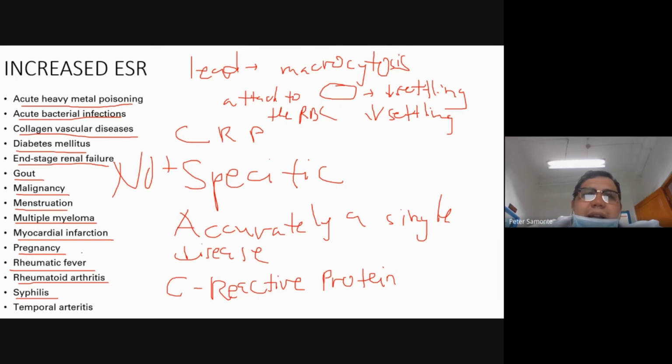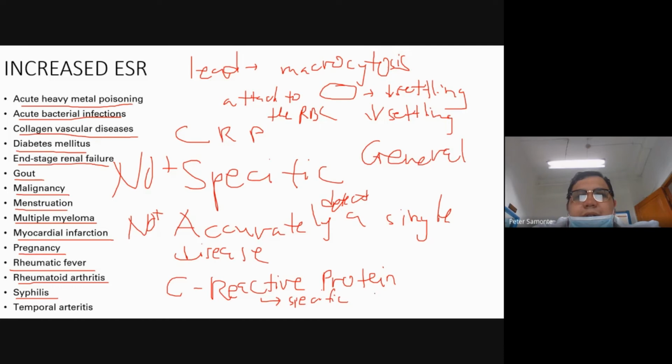It does not accurately detect a single disease. Masyado siyang general. Masyado siyang maraming sakit. So, replacement would be C-reactive protein, which has a specific detection for inflammations.